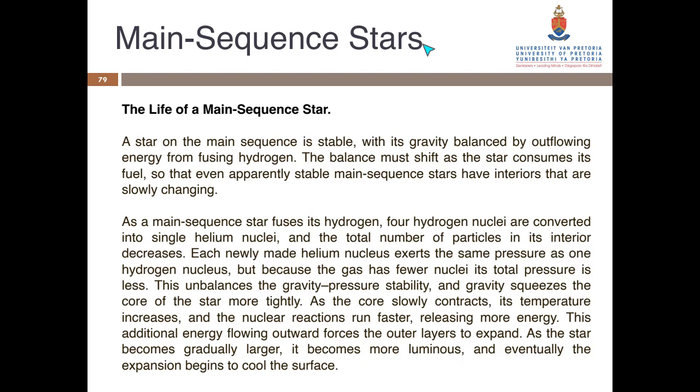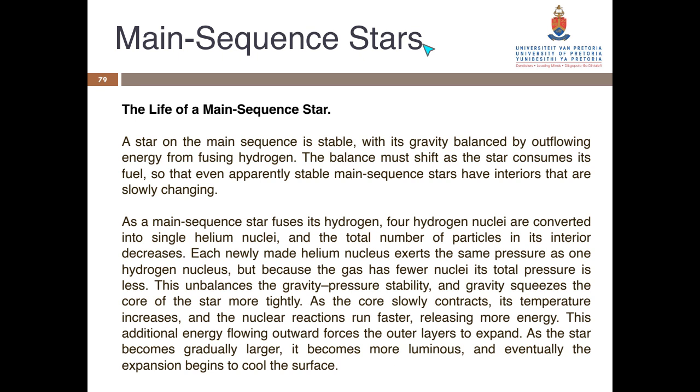As a main sequence star fuses hydrogen, 4 hydrogen nuclei are converted into a single helium nucleus, and the total number of particles in its interior decreases. Each newly made helium nucleus exerts the same pressure as one hydrogen nucleus. But because the gas has fewer nuclei, its total pressure is less.